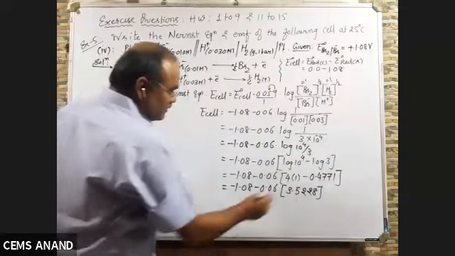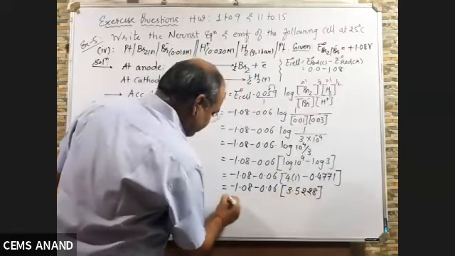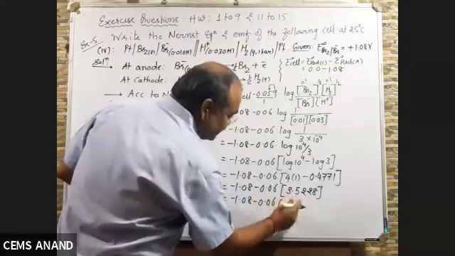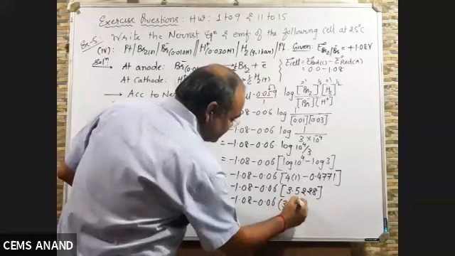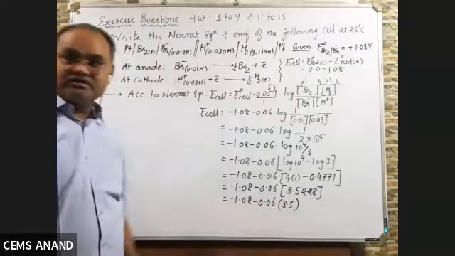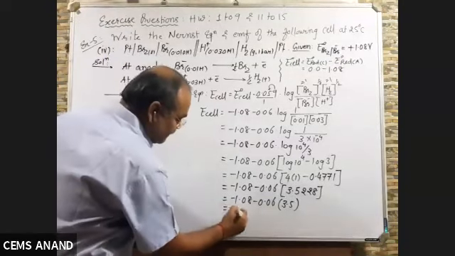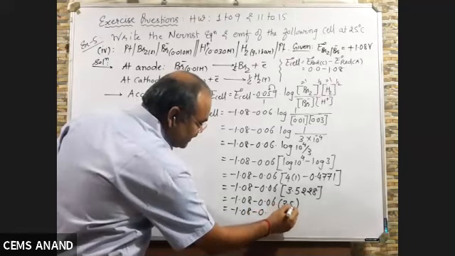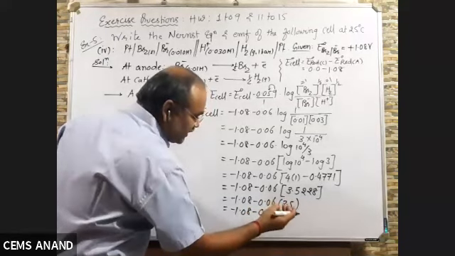Okay. So you can write here minus 1.08 minus 0.06 into 3.5. So 3.5 into 0.06. 6 threes are 18 and 5 sixes are 30, 18, 19, 20, 21.